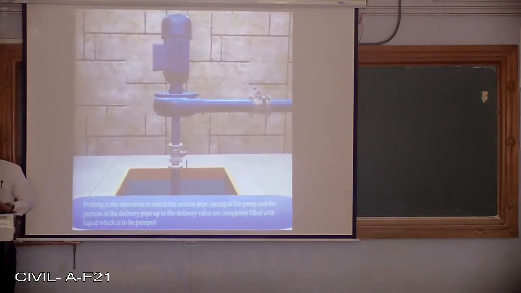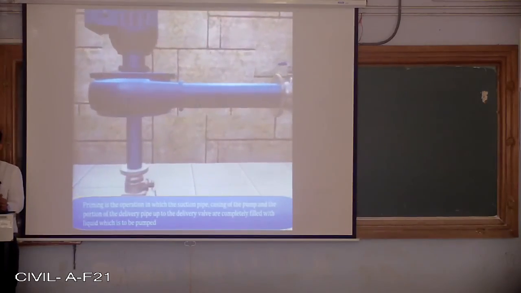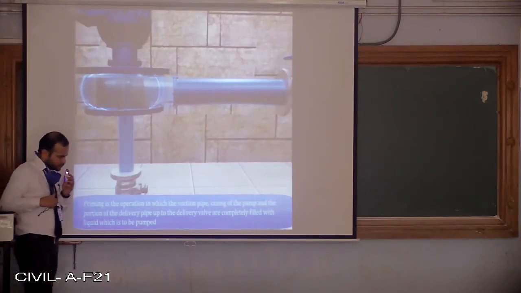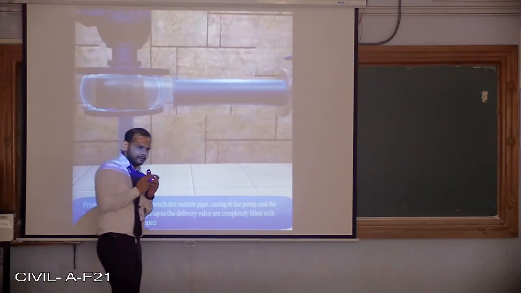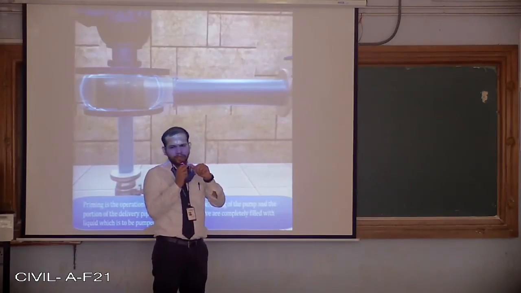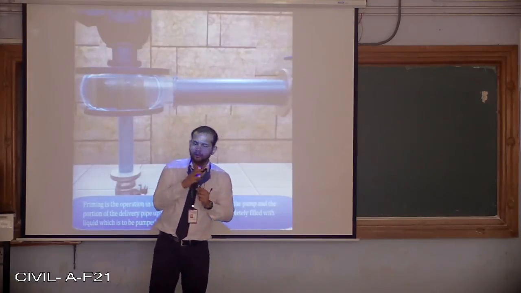Priming is the operation in which the suction pipe, casing of the pump, and a portion of the delivery pipe up to the delivery valve are completely filled with the liquid which is to be pumped. In one case or the other, you have to fill water inside the pump. In common layman terms, there will be a small opening on the top. You just open that screw and completely fill it with water. This is what you have to do when you do priming.